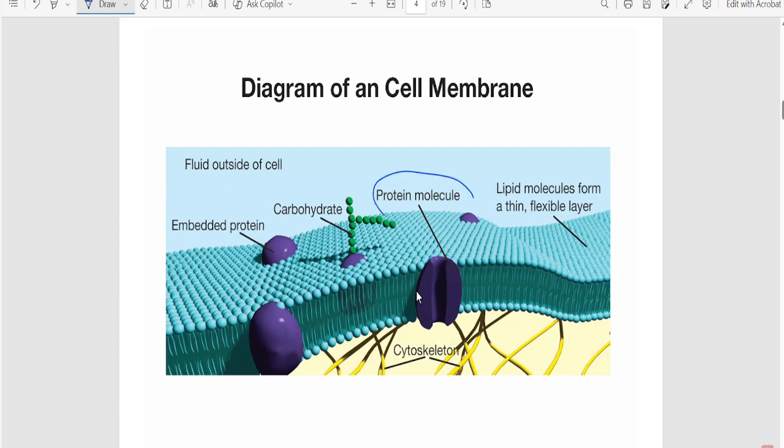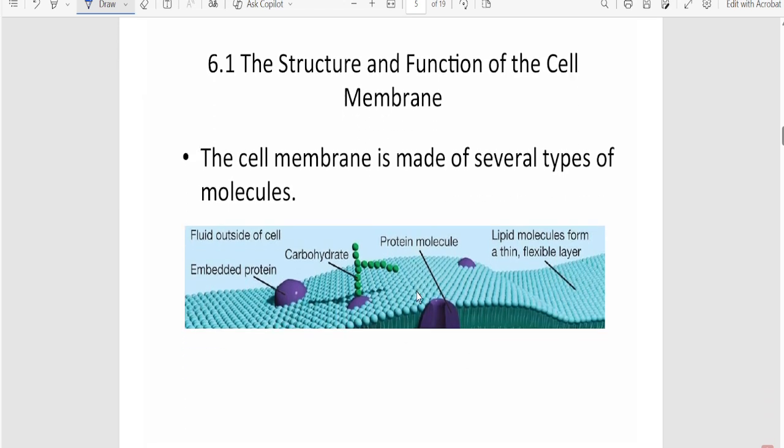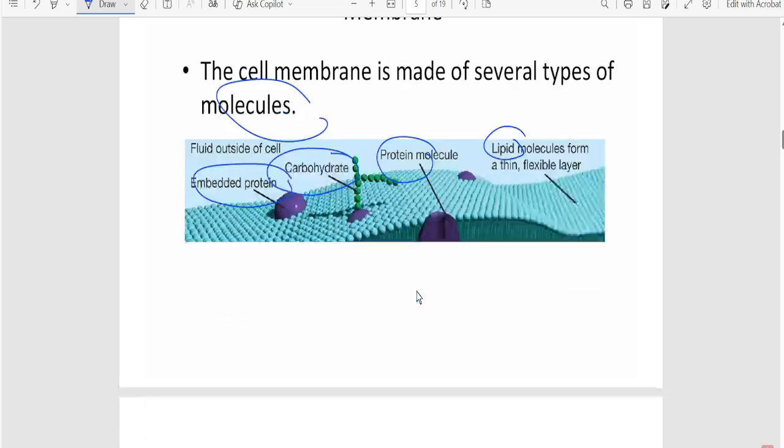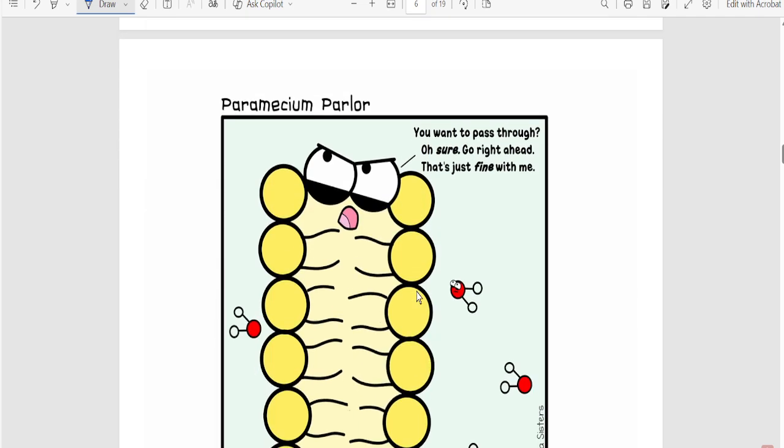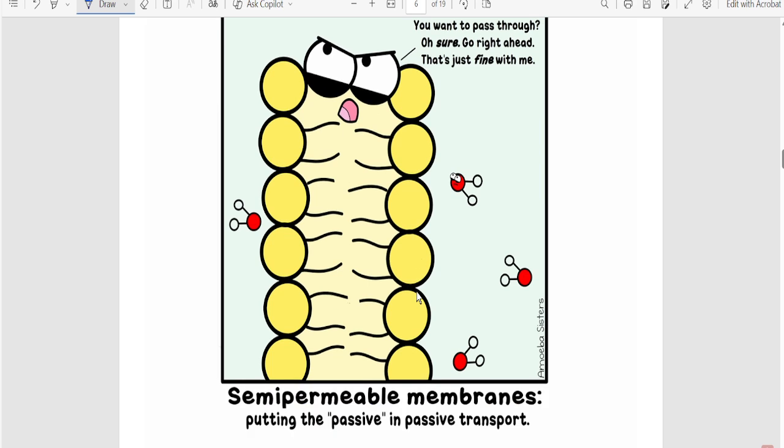It is made up of lots of molecules, like different types of proteins, carbohydrates, and lipids, and there is a double membrane. So this is the structure. The membrane asks, do you want to pass through? Sure, go right ahead, that's fine with me. The cell membrane tells what it is fine with.